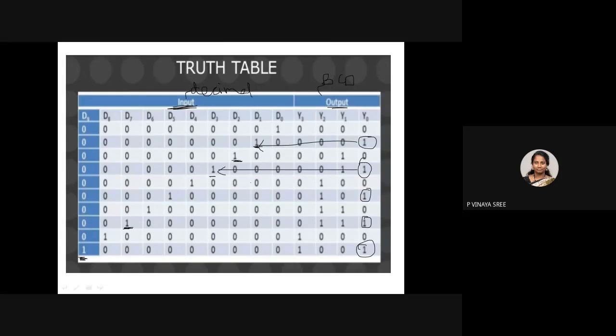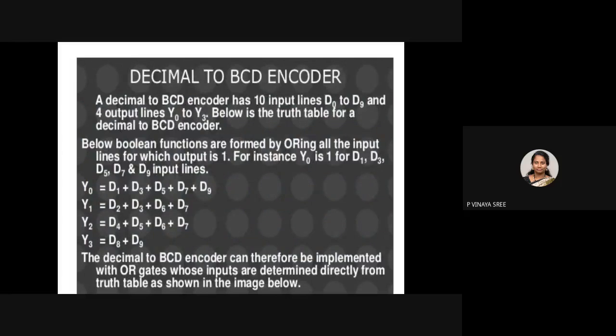Check once. Let me check whether what you said is correct. Yes, y0 is D1, D3, D5, D7, D9.